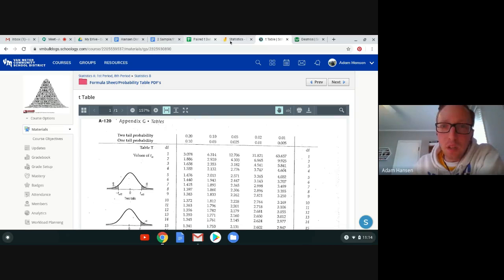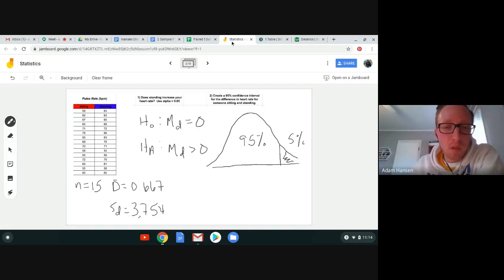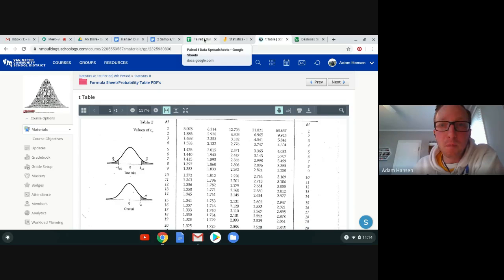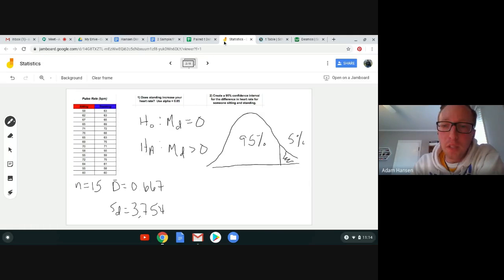We had 15 different people, so 15 minus 1, 14 degrees of freedom. I see a t-score of 1.761. If we can calculate based off of our sample a t-score that's more extreme than this, we have significant results.